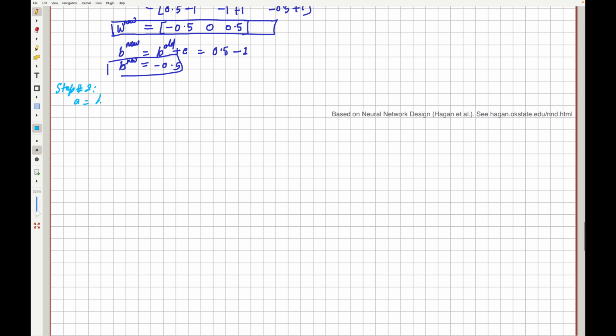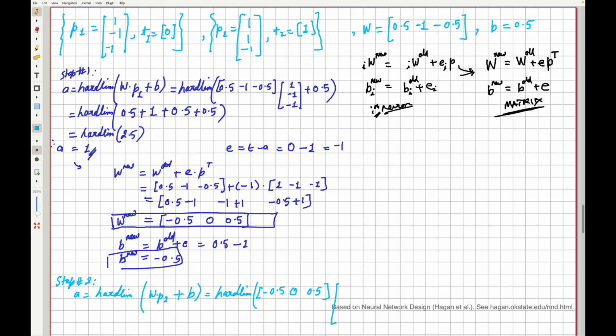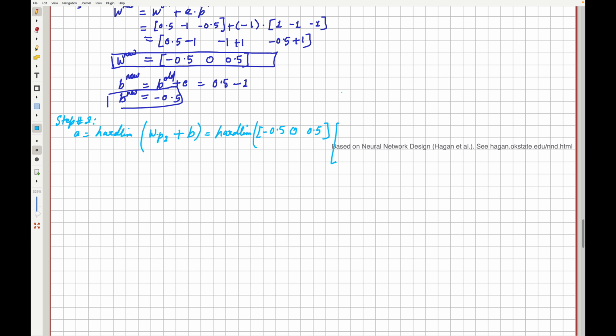A is equal to hardlim of W dot P2 plus B. The W we have is minus 0.5, 0, 0.5, and P2 is, let's go back up and look, 1, 1, minus 1, so let's write that down. 1, 1, minus 1 plus b. B is this time minus 0.5.